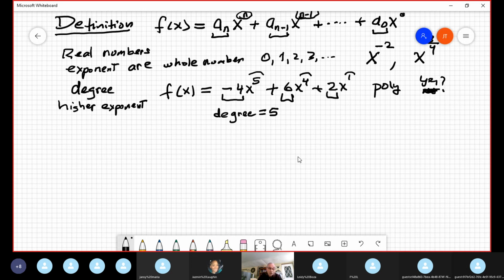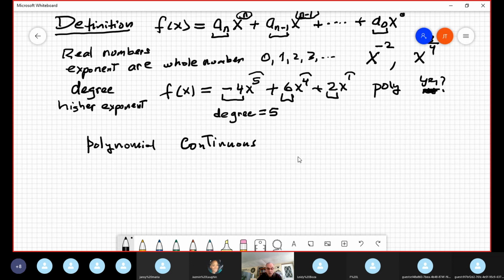Now, you need to keep in mind that polynomials are always continuous and smooth. So the graph of the polynomial always is continuous. I want to explain what continuous means.